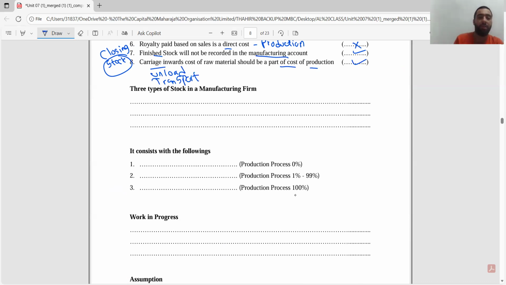Right. So the next, 3 types of stocks in a manufacturing firm. Okay. So you don't need to write anything here. What are the 3 types? Raw material, work in progress, finished goods.